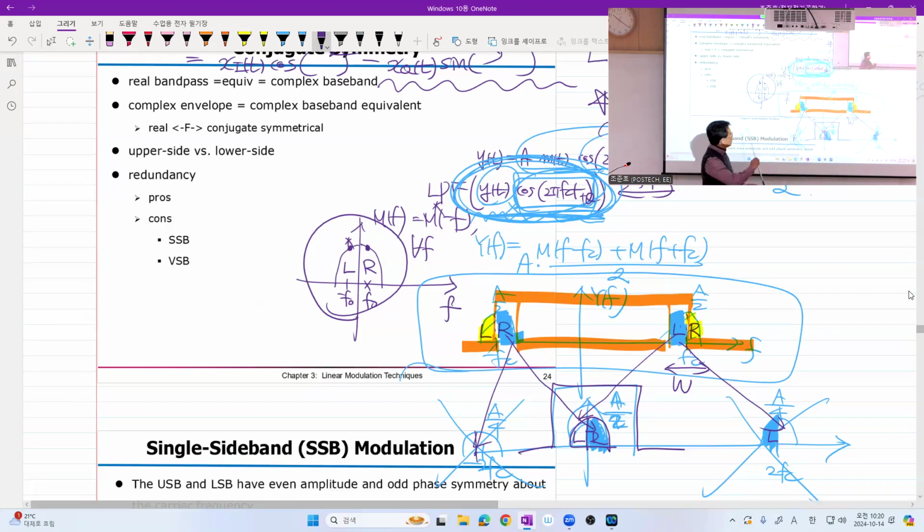Now, do you really want to use this band W that corresponds to this one? Let me say this is B and W is 2B. So B is the bandwidth of the real valued baseband message signal. That is translated to 2B, that is W, in the real passband. By the way, you may say, wait a minute, not only this W, but also that W is used. You are right.